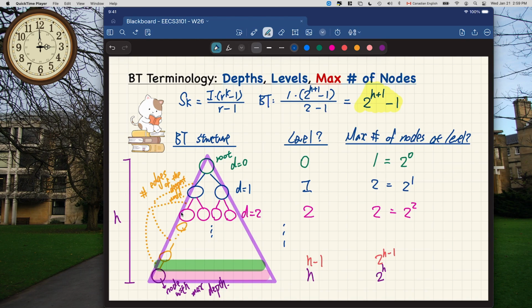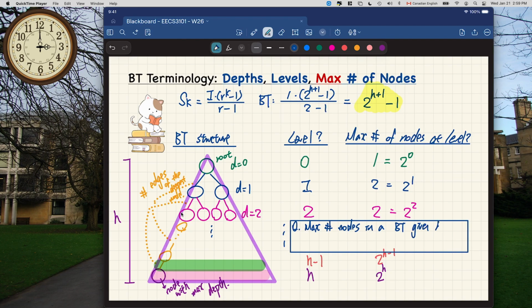So what I will do is I'll put in the middle, right here. So the question: the maximum number of nodes in a binary tree given height h.